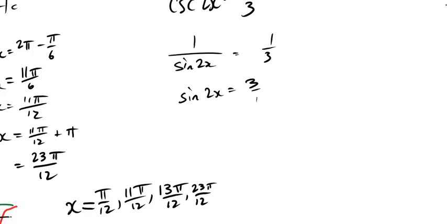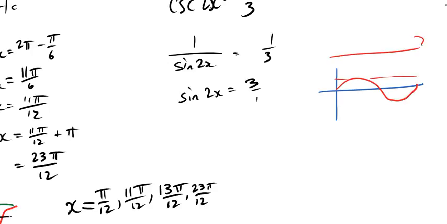Sine can't be 3, right? It's funny how we get into this autopilot, but it really, really helps to think. This is 1. When will sine ever get up to 3? It doesn't. So this is no solution.